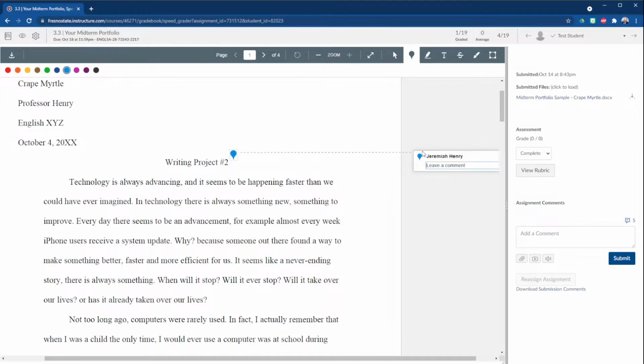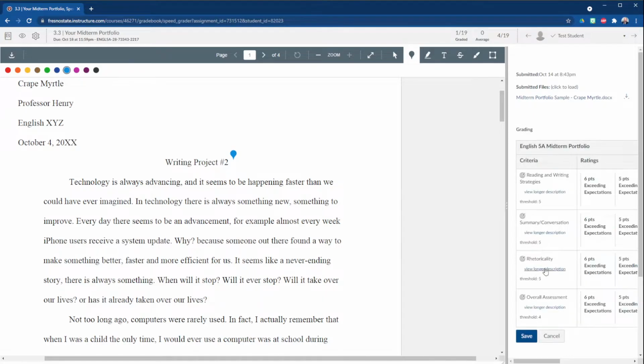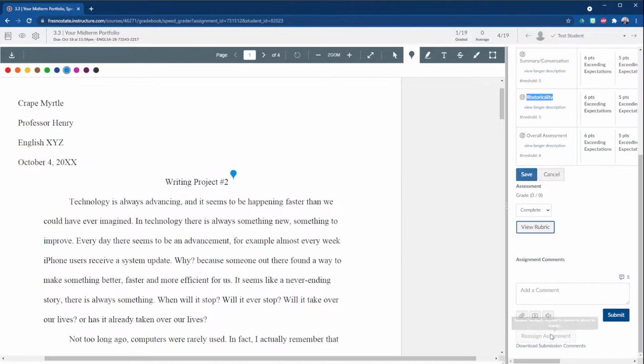Imagine a reader that was not a part of this class. They would have no idea whatsoever what Writing Project Number 2 means. For me, thinking about our learning outcomes here for the assessment of this portfolio, it's essentially an ineffective title. I see that as a rhetoricality issue. It's a rhetoricality thing.